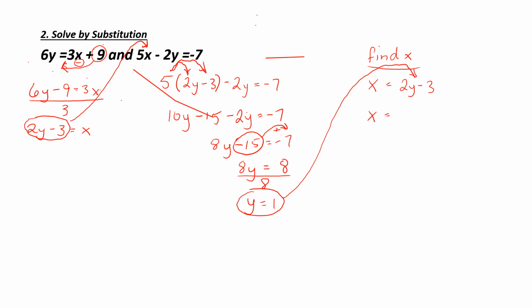X equals 2 times 1 minus 3. 2 times 1 is 2, minus 3, which gives me negative 1. X equals negative 1. My final step is to state my solution. In this case, my solution is my x value of negative 1, my y value of positive 1.